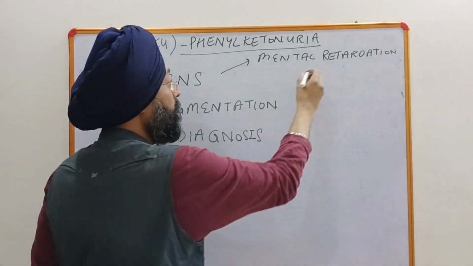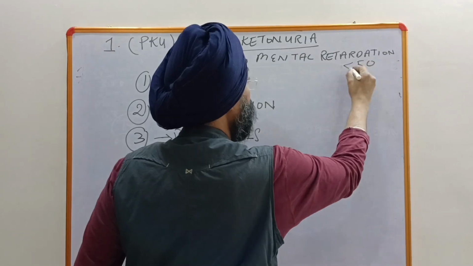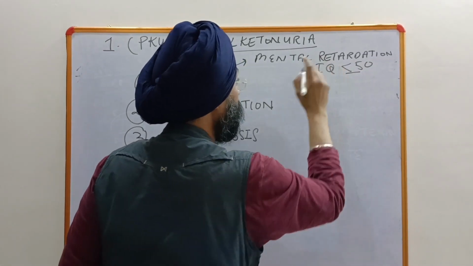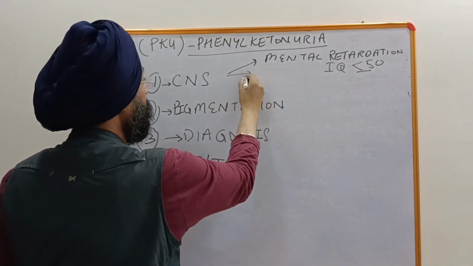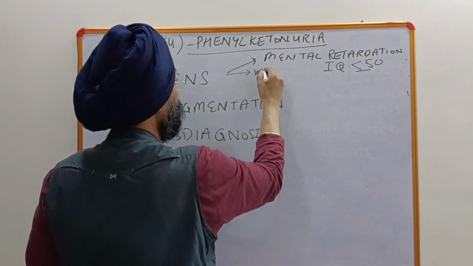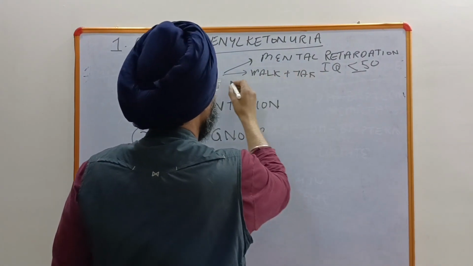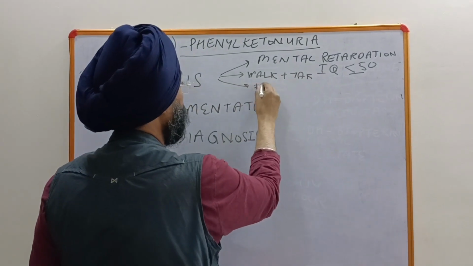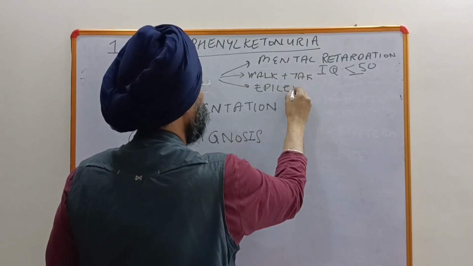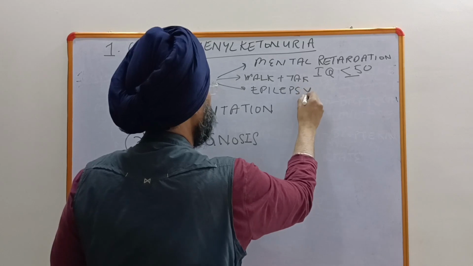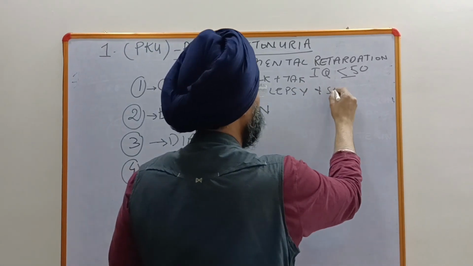The IQ is always or maybe less than 50, and the patient fails to walk and talk, right? And the patient suffers from epilepsy and seizures.